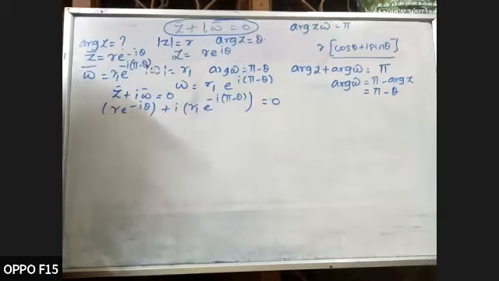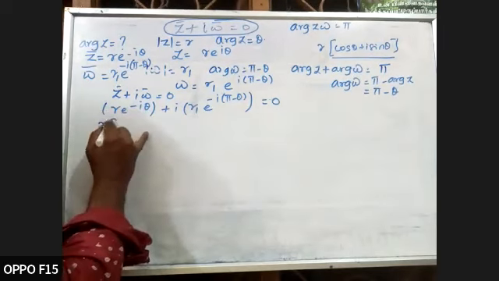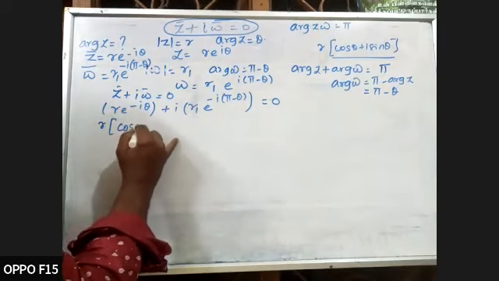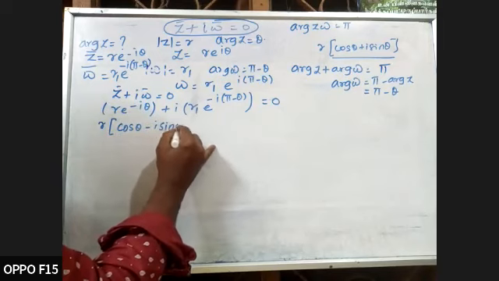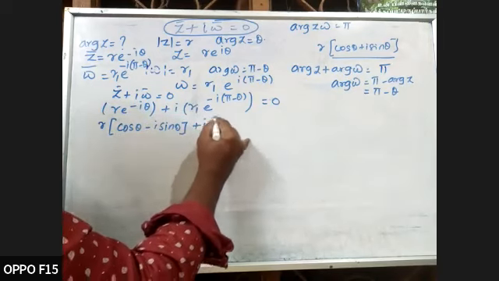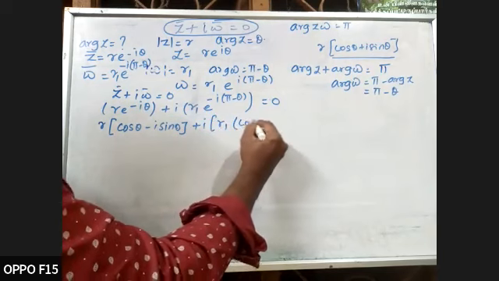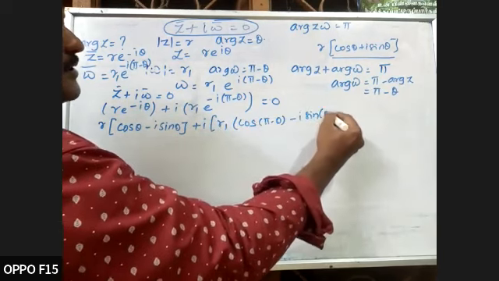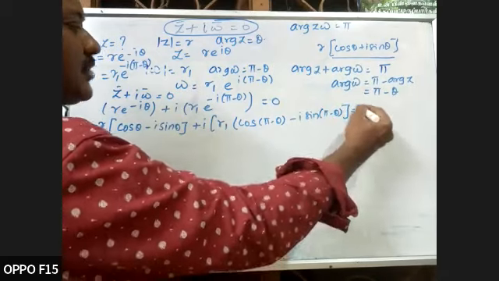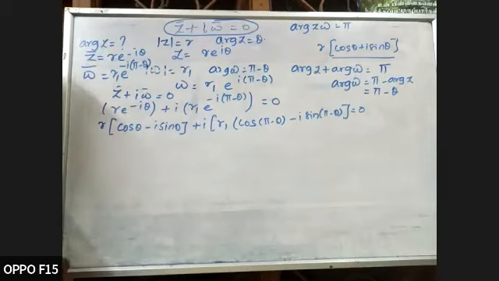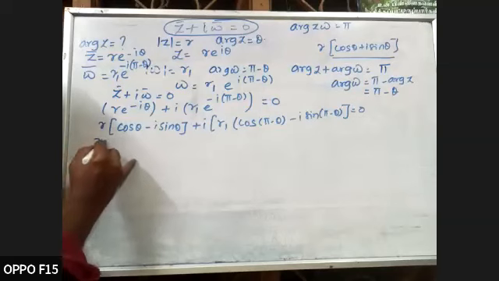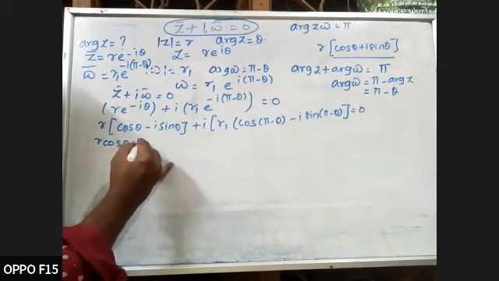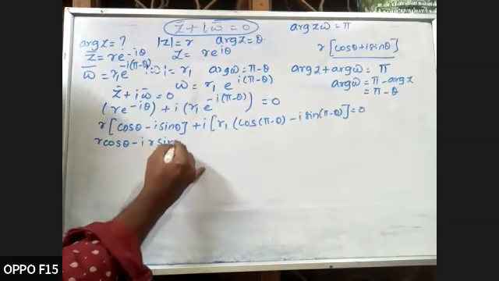Correct, isn't it? Then the next step, I can write R e power minus i theta as R into cos theta minus i sin theta. Next, i into R1 cos of pi minus theta minus i sin of pi minus theta, which equals 0. Now I can write this as R cos theta minus R i into R sin theta.